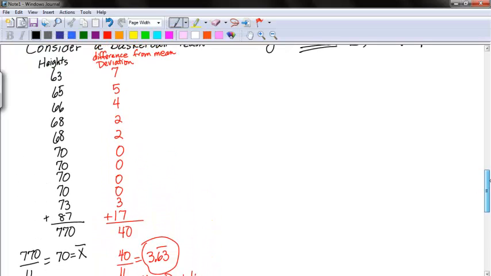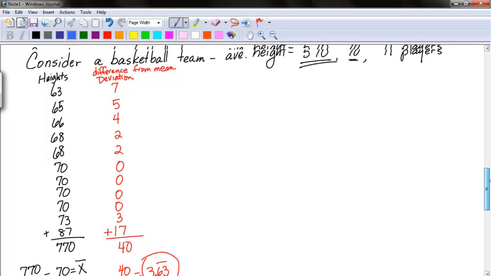Okay, now in the next column, we want the square of the deviations. Okay? So it's the square of the deviations.